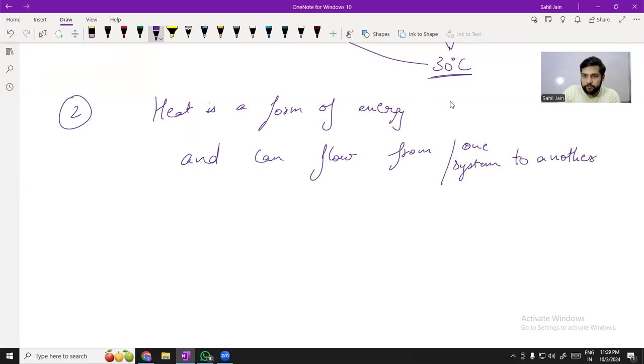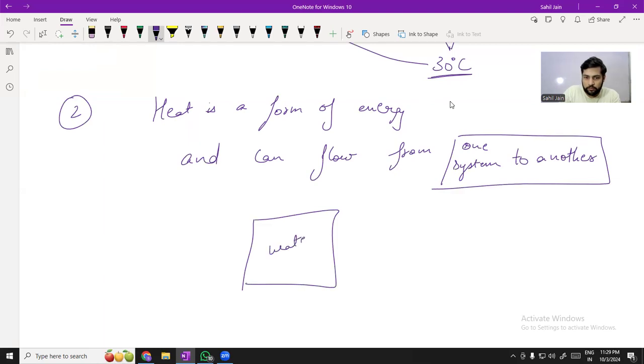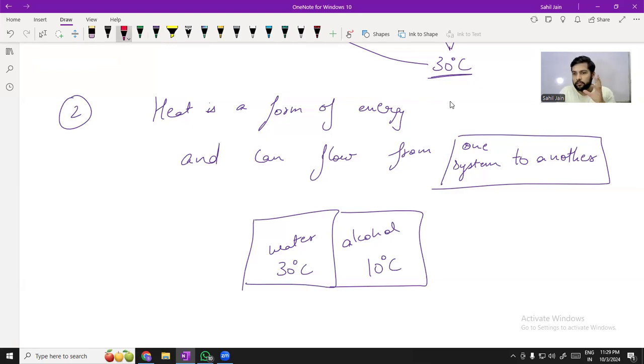So basically, if we have two systems, one with water, one with alcohol, and they are not in thermal equilibrium, let us say the water is at 30 degrees Celsius, alcohol is at 10 degrees Celsius. So water has probably more heat in it because it is more hot, right? Let us just take water in both of them to make it clear.